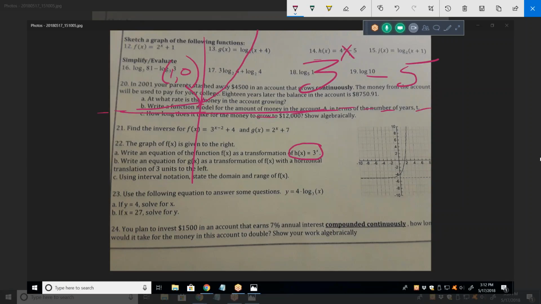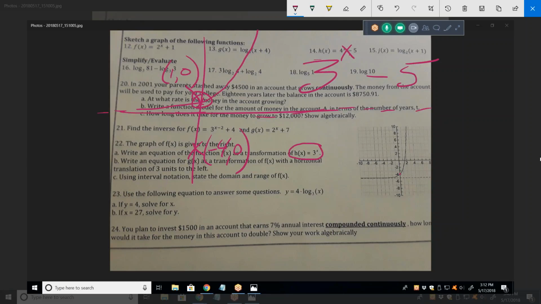Now, if nothing is going on vertically or horizontally, then the key point right here should have moved down to minus 4, 0. Well, is minus 4, 0 on this curve? Yes, it is, right there.